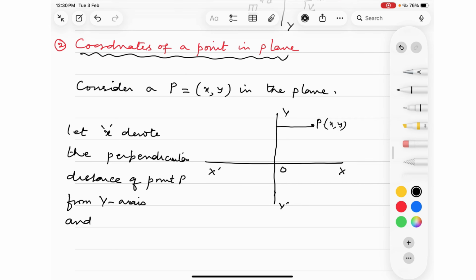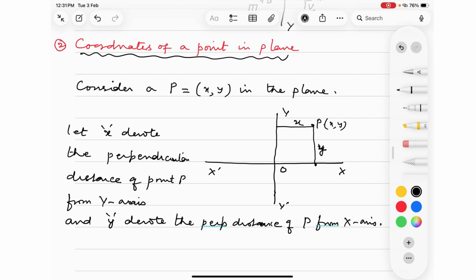And y denotes the perpendicular distance of P from the x-axis.